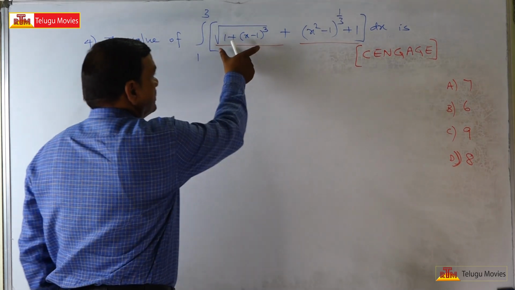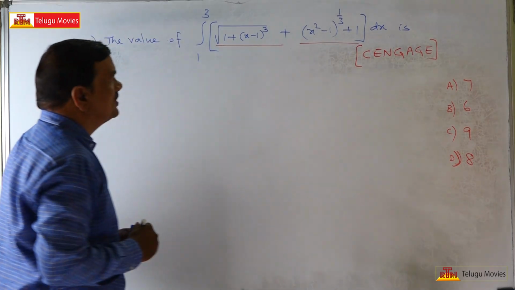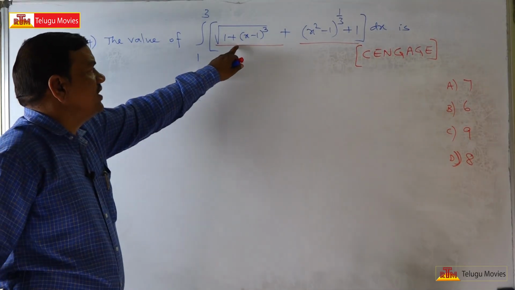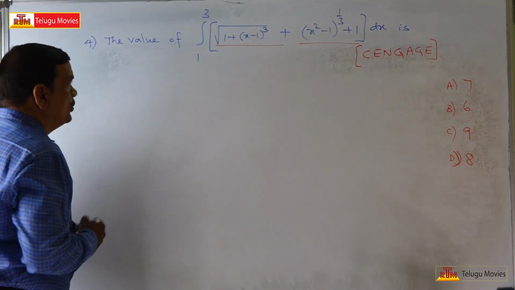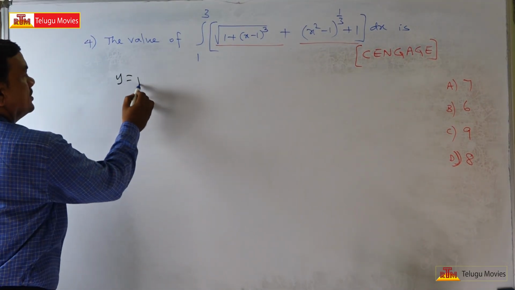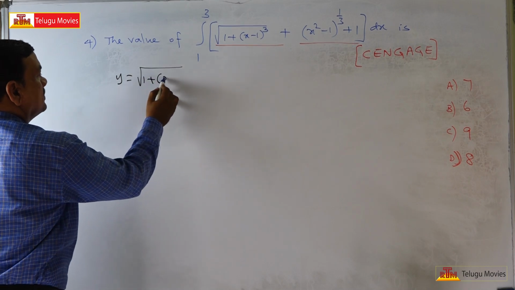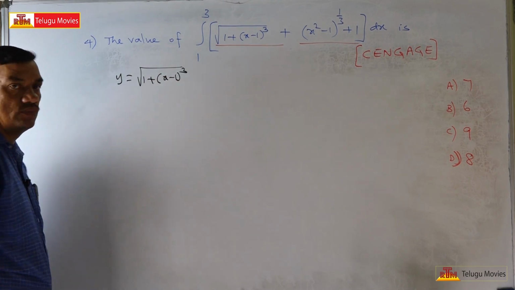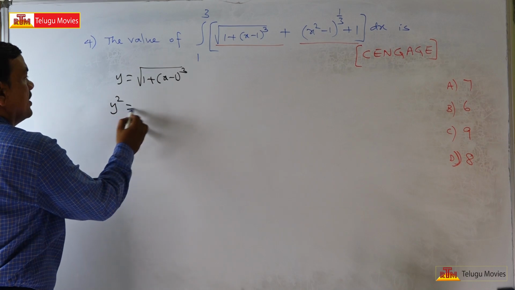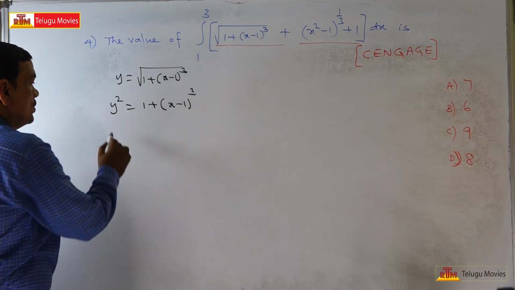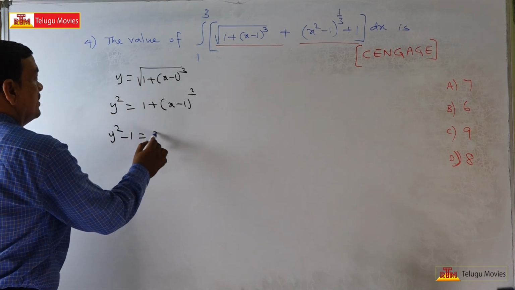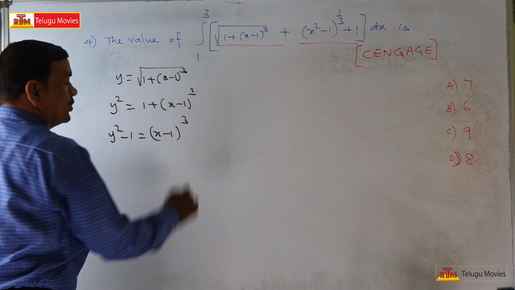There are two functions here, the first one and the second one. Observe that the second one is the inverse of the first one. I will show you. y is equal to the square root of 1 plus (x minus 1) whole cube. So y square is equal to 1 plus (x minus 1) whole cube, so y square minus 1 is equal to (x minus 1) whole cube.